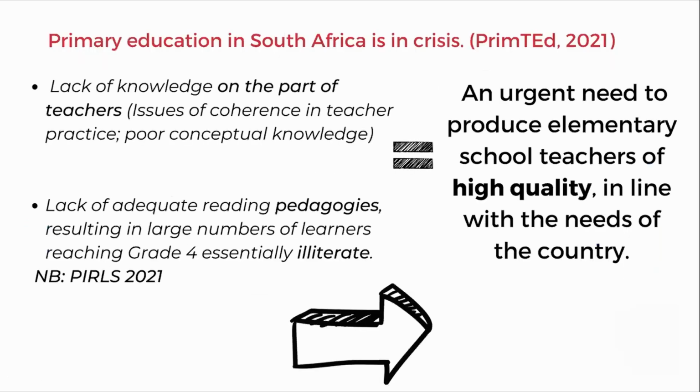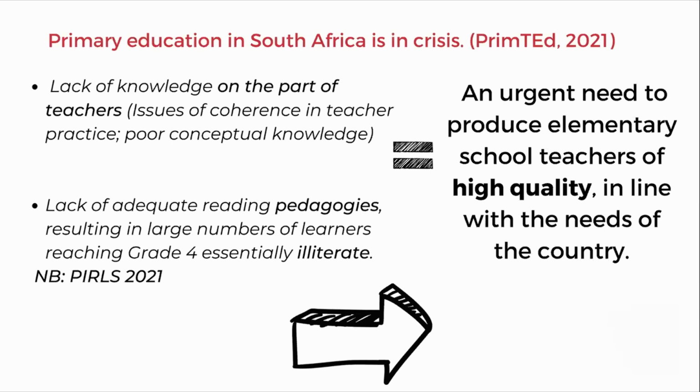Right, so just to put my study into context, in South Africa, and I think actually in many areas of the world, literacy education, so reading and spelling, is very much in crisis. And there's a lot of different contextual factors that come into play here, but one of those is that there's a lack of knowledge on the part of teachers.